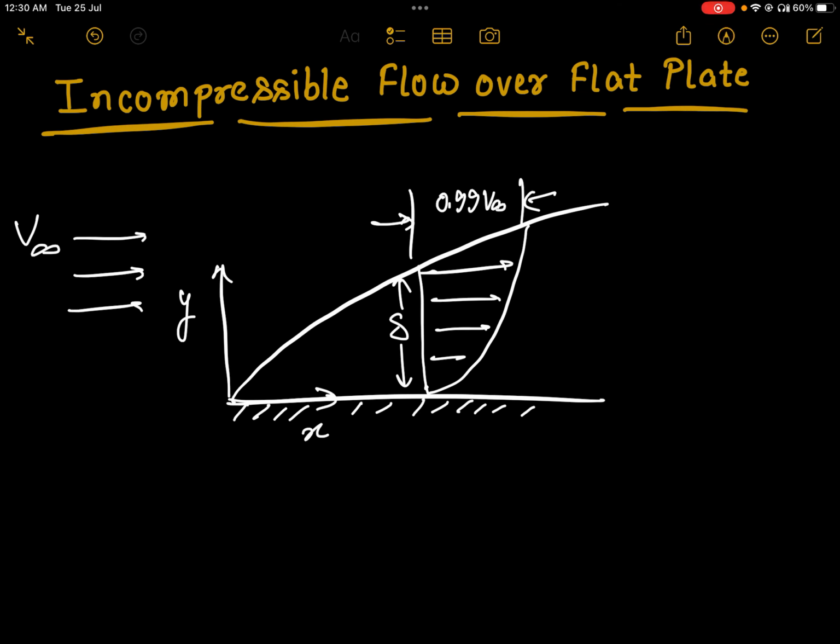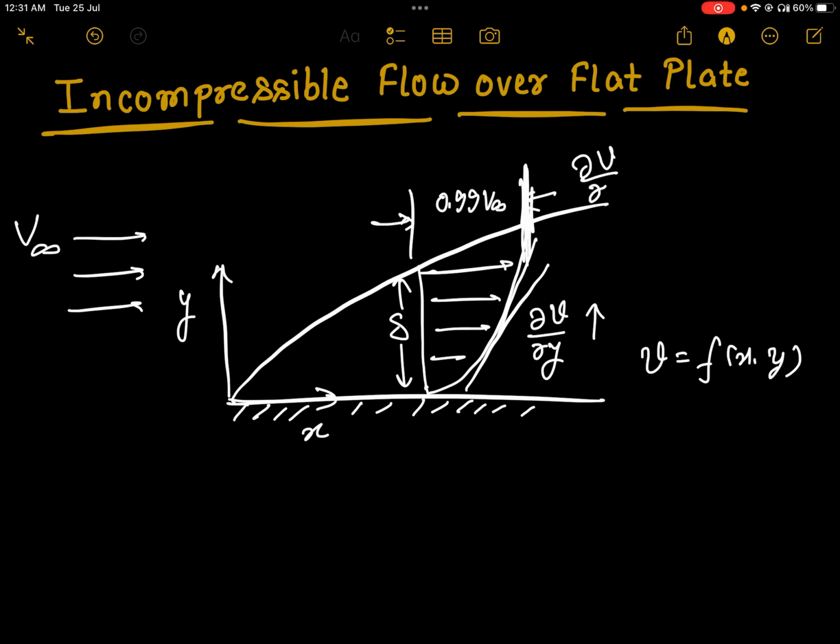And if we talk about the gradient, at any point, that is del v upon del y, that can be denoted as this, because v here is a function of x and y, and because we are going from bottom to upward direction, that's why we have taken the gradient del v with respect to y. Okay, and as we are moving upward, then at the boundary surface, the del v upon del y is equal to what? Zero, because there is no change of the gradient at the boundary.